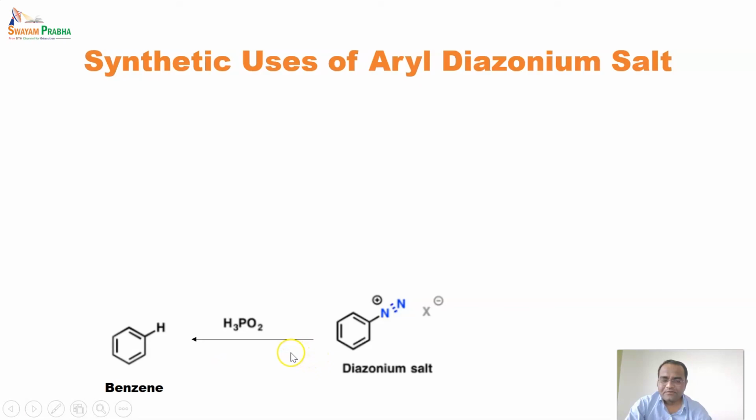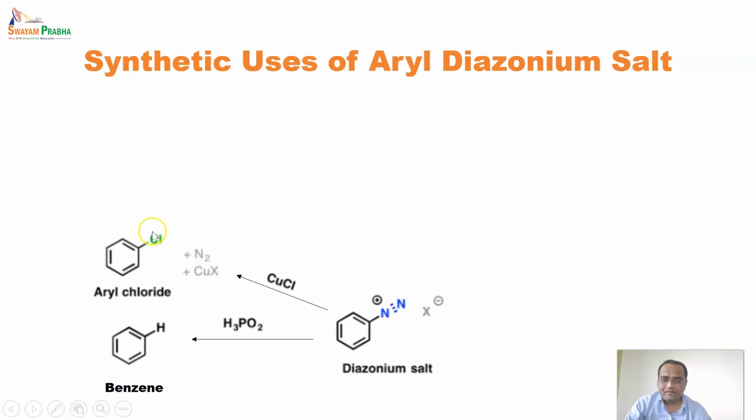So when it is reacted with H3PO2, it forms benzene. When it is reacted with copper chloride, it forms an aryl chloride. A halide has been substituted, or replaced, in place of this N2.